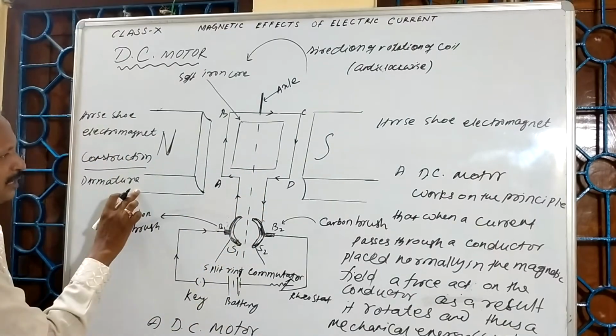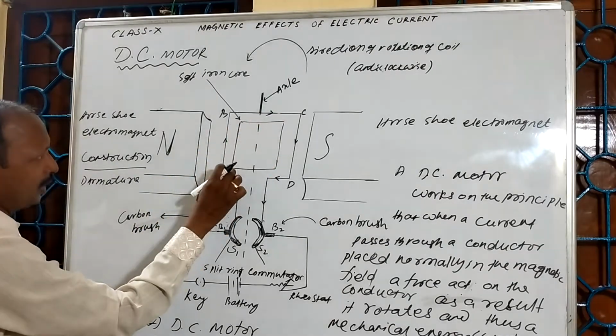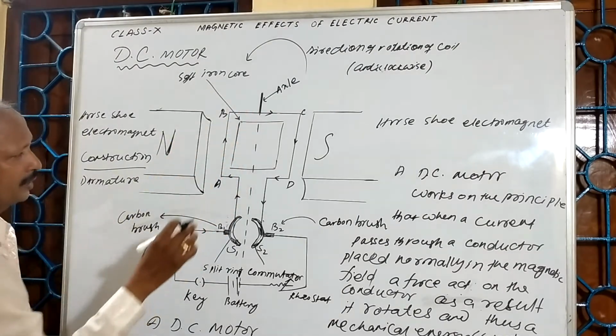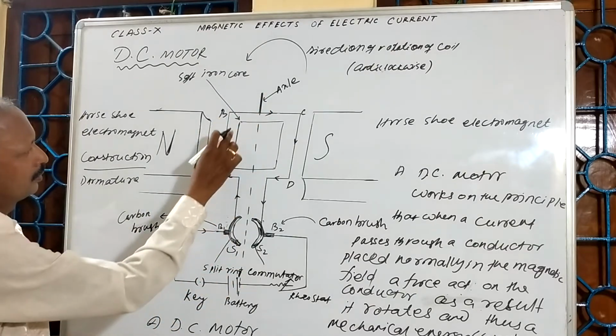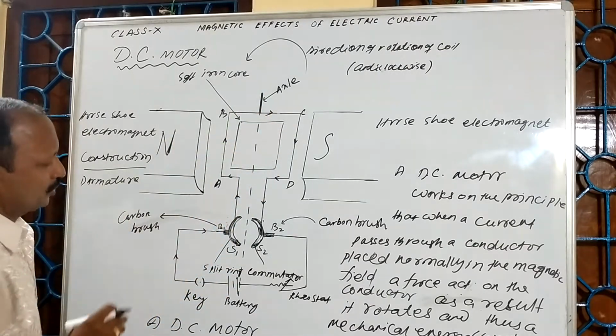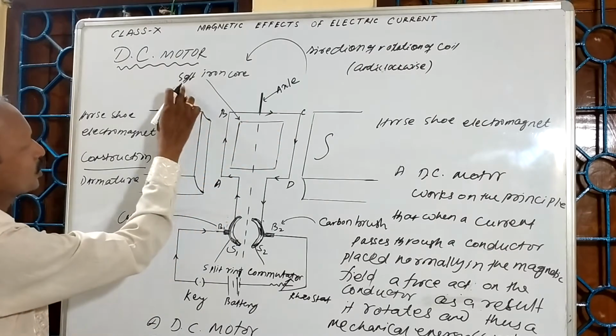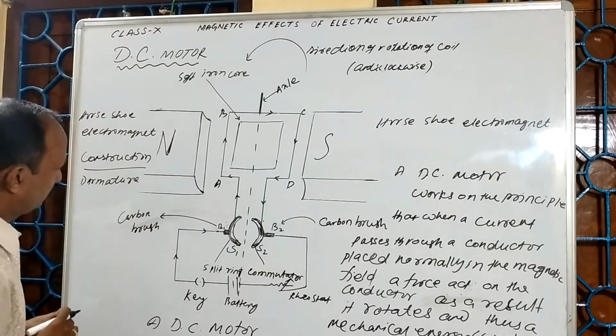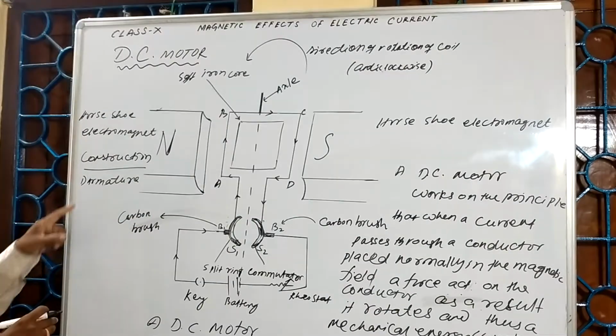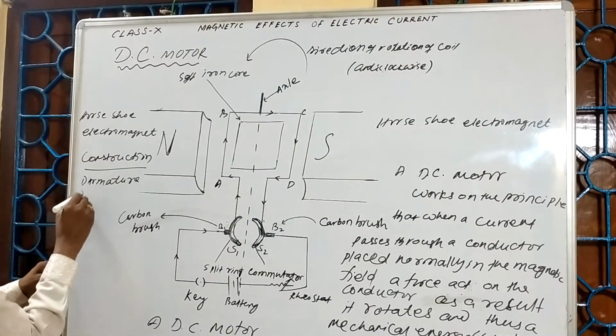The rectangular coil with that soft iron core is called the armature. That is the first part.